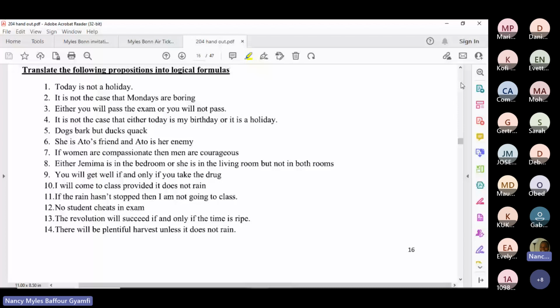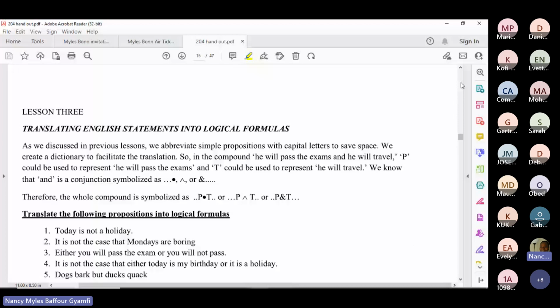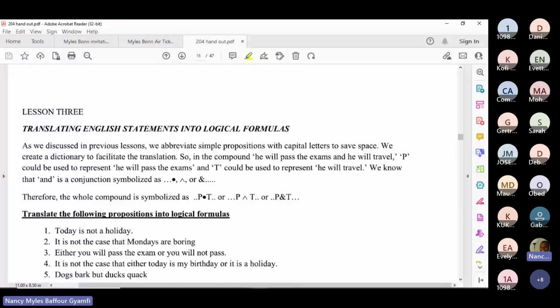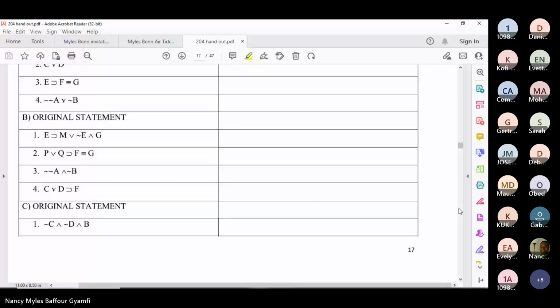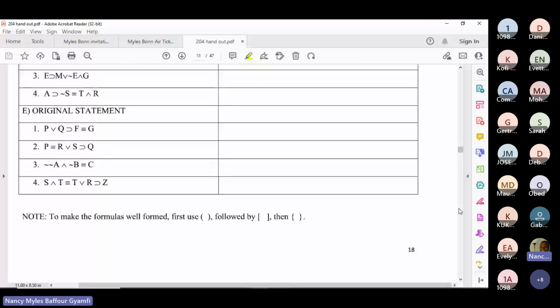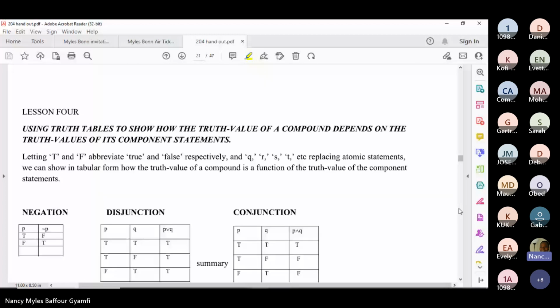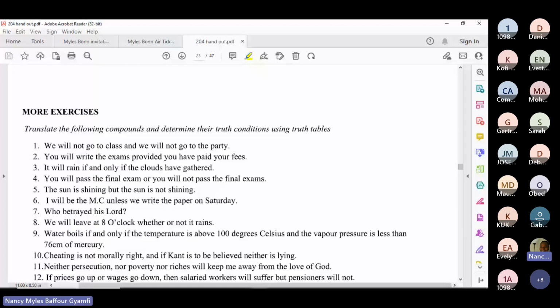Let me find it for you. Almost there. But the expression is, if birds do not walk, then humans do not fly. It's number 13.